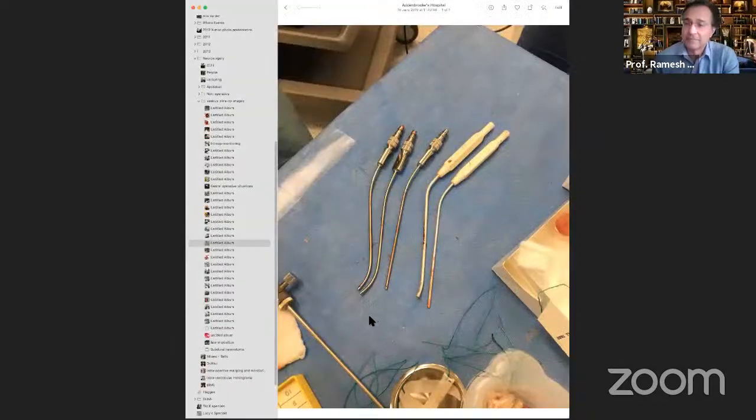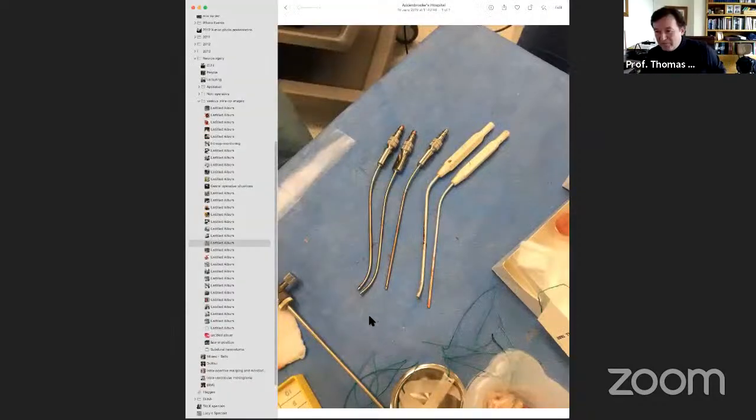Yeah. Yes. So this is not from yesterday, but from a case, and particularly I find useful to have sort of bespoke curvatures on the suckers, and often use a two sucker technique in cases where there are lots of lobules and nodules.